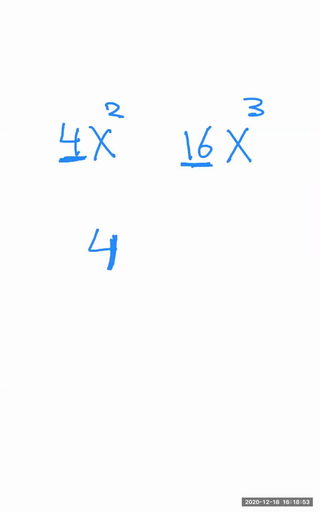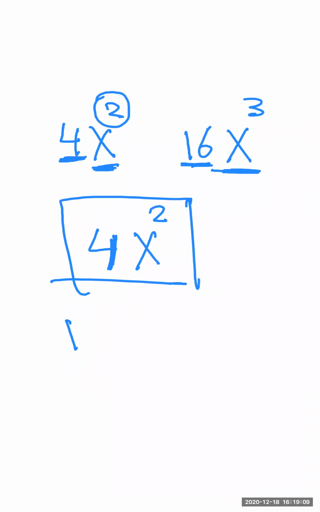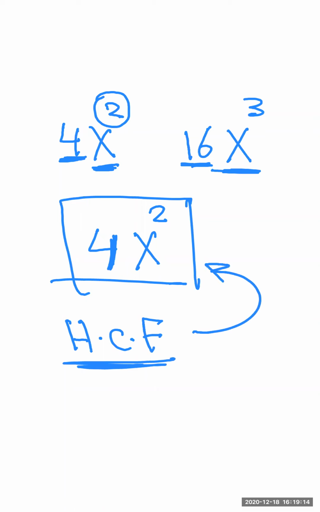And then x squared and x power 3, or x cubed. The highest common factor here is the lowest power, which is x power 2. So now, guys, the HCF, or the highest common factor, is 4x power 2.